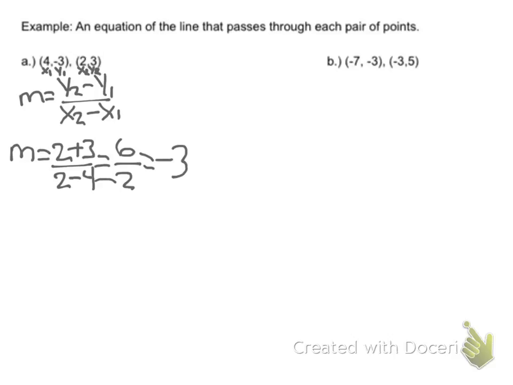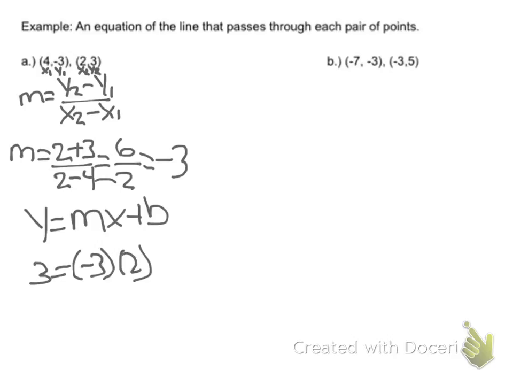Okay, so now we just do what we did the last example, which is y equals mx plus b. So we put 3 equals -3 because we just found that out, and then 2. And you guys can pick whichever y you want to choose to plug in, and whatever x you want to choose to plug in for that side.